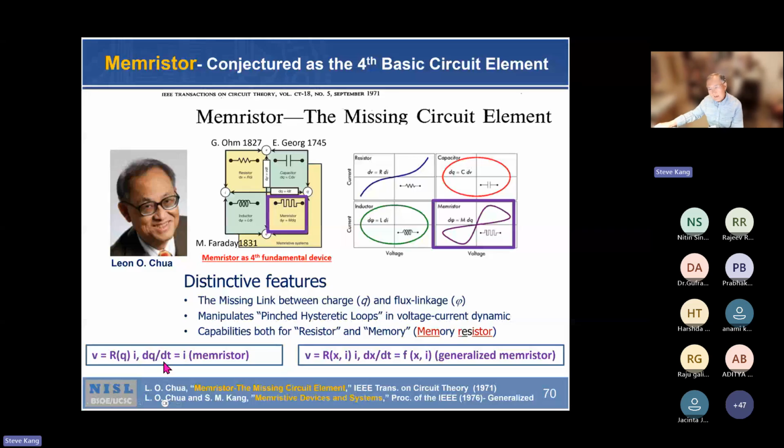If you generalize the memristor, the resistance depends on a state variable x, and it can also be a function of I. So this is Ohm's law, but R is a function of x and I. So this is a generalized memristor, as published in the 1976 paper.